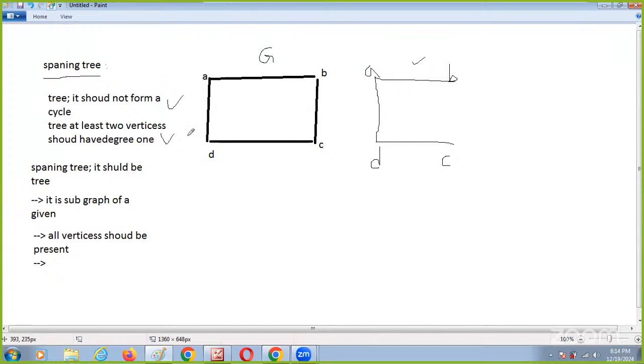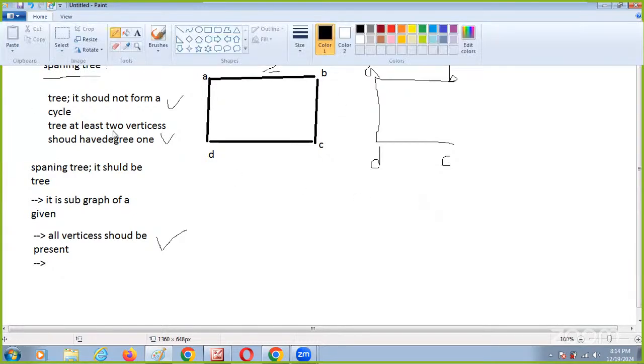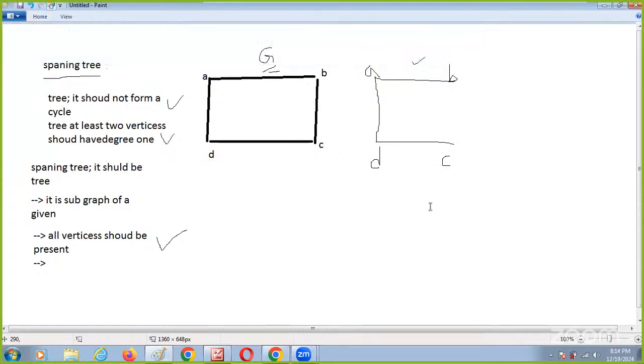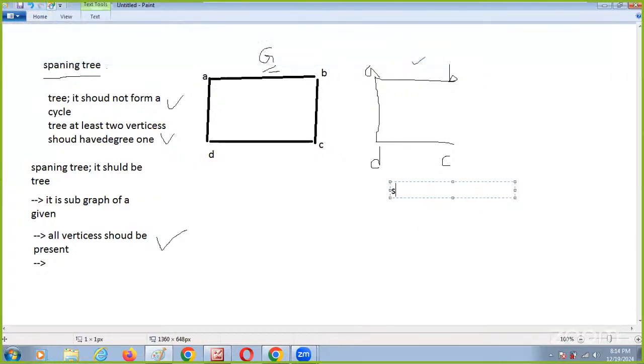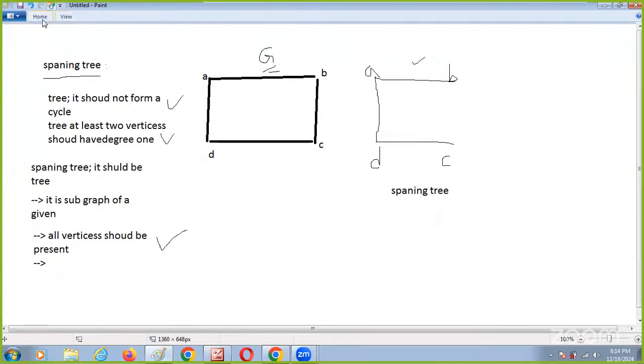Subgraph means all vertices should be present. This is also satisfied, and all edges are not mandatory. So this is one of the possible spanning trees for this given graph. This is the given graph, and this is one of the possible spanning trees.